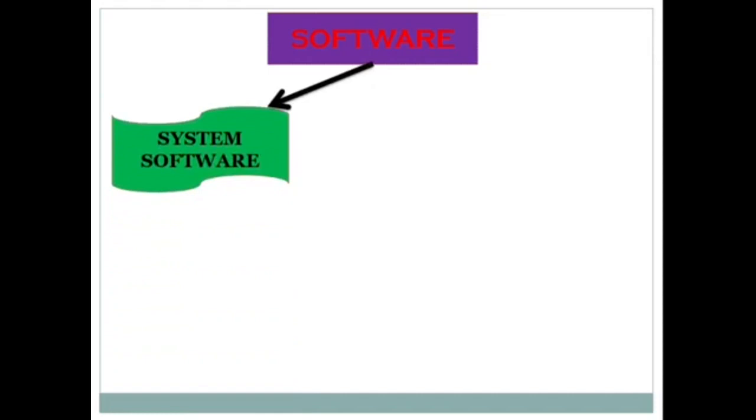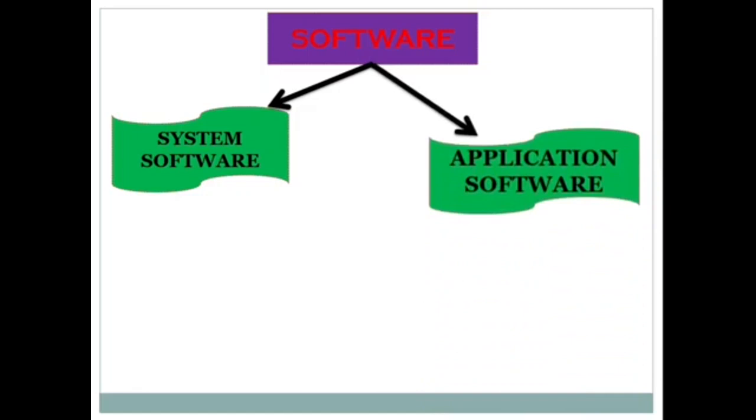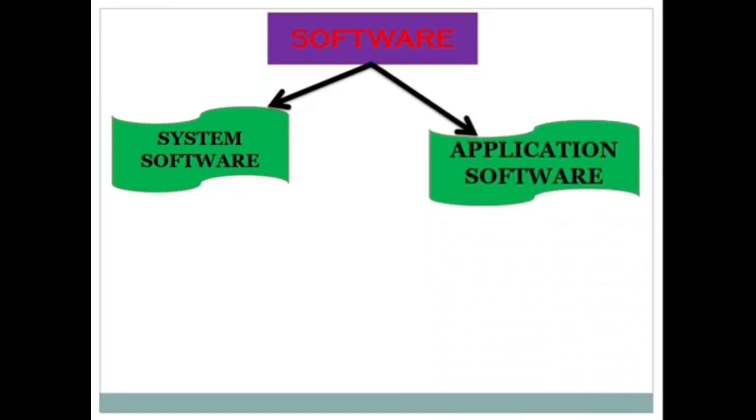Those software which are used for the system, that is called system software. The next one is application software. Those software which are used for the user, that is called application software.